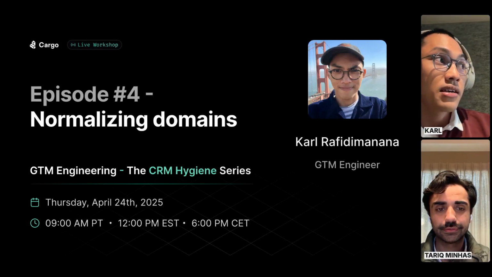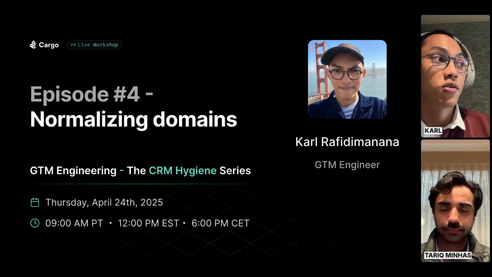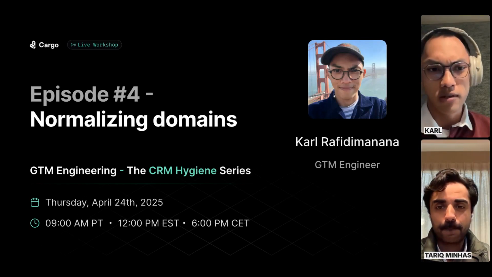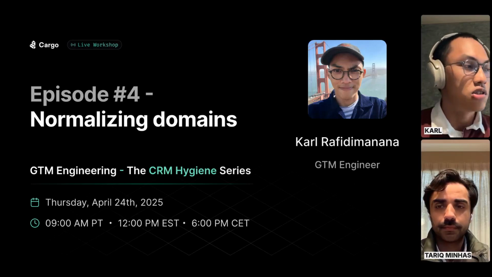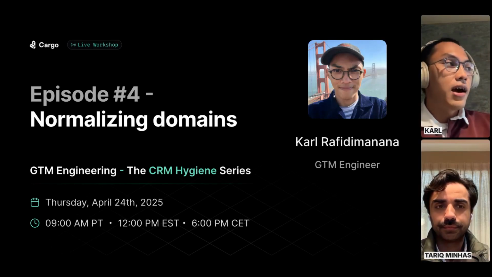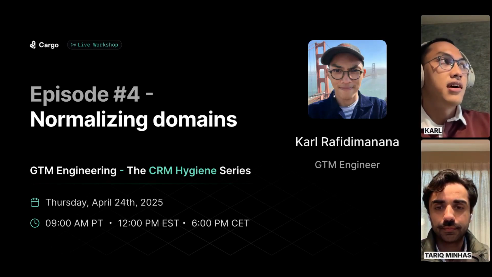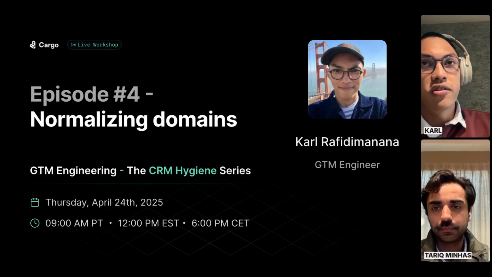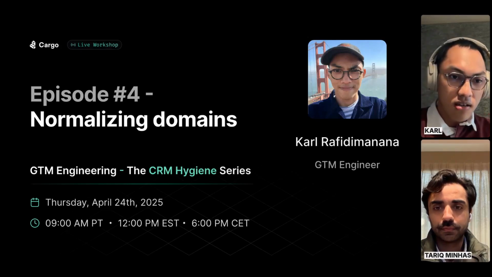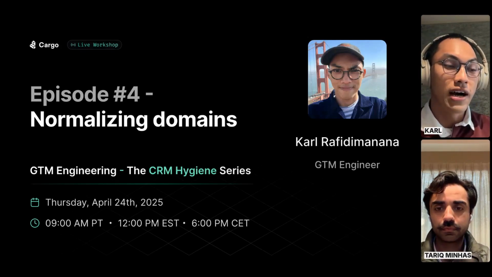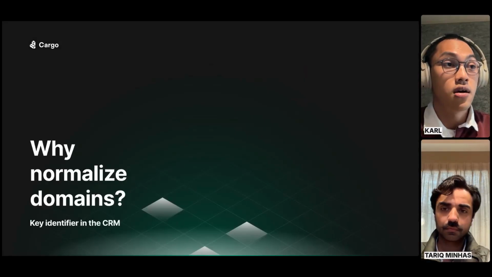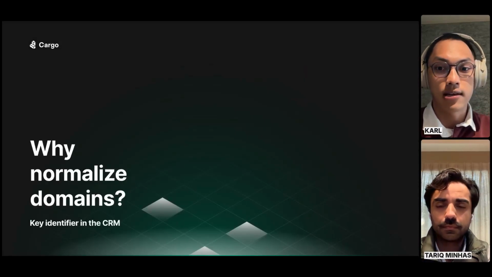It's a bit of an echo of what we talked about maybe a month ago about cleaning the CRM. One thing about cleaning the CRM is that you need an identifier, a key in your CRM to identify the right account, the right contact.